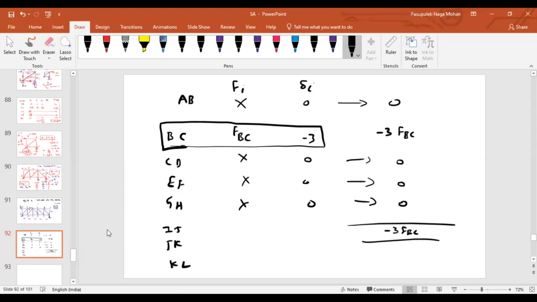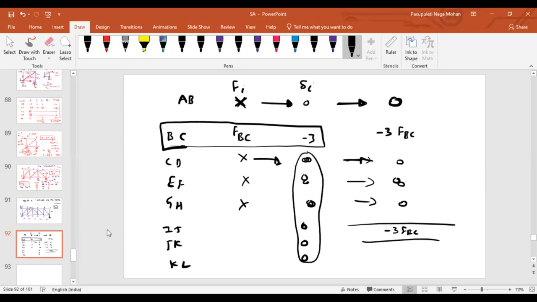Except in BC, what about the delta value in all those members? It is 0. So whatever the force in member AB due to unit load may be, if I multiply it with 0, how much will I get? 0. For the other members also it is always 0, because the delta values are 0.